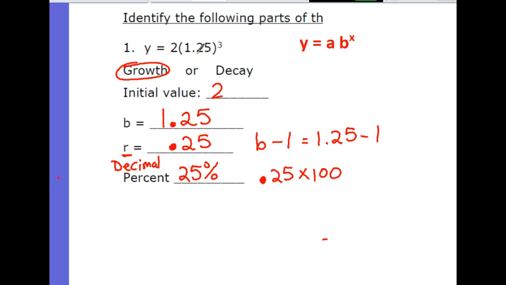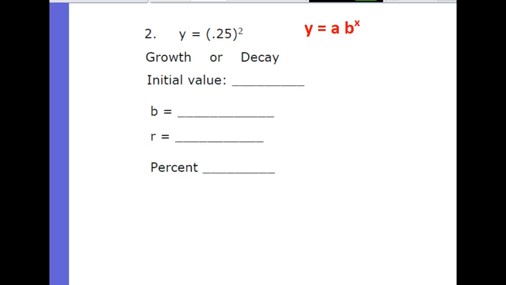You cannot multiply this number out in front by this base number because order of operations says exponents come before multiplying. You would have to raise it to the 3rd power before multiplying by 2. You cannot multiply the a and the b together because the b has an exponent.